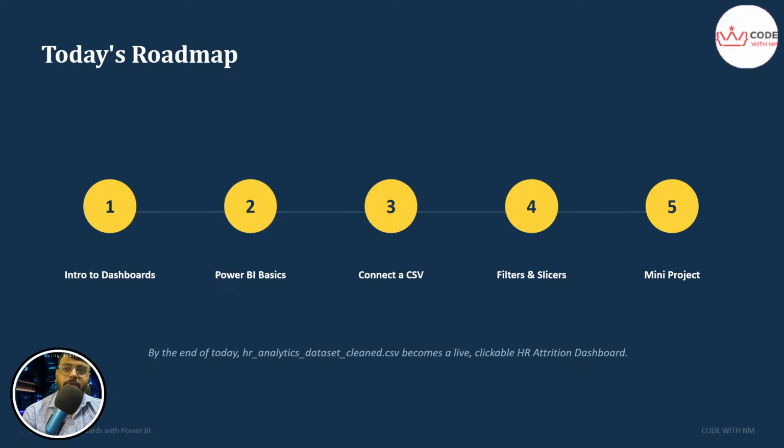One common mistake is thinking a dashboard is just a bunch of charts on a page. No, a real dashboard is interactive. Clicking one chart should filter the other. That interactivity is the entire value. Understood?